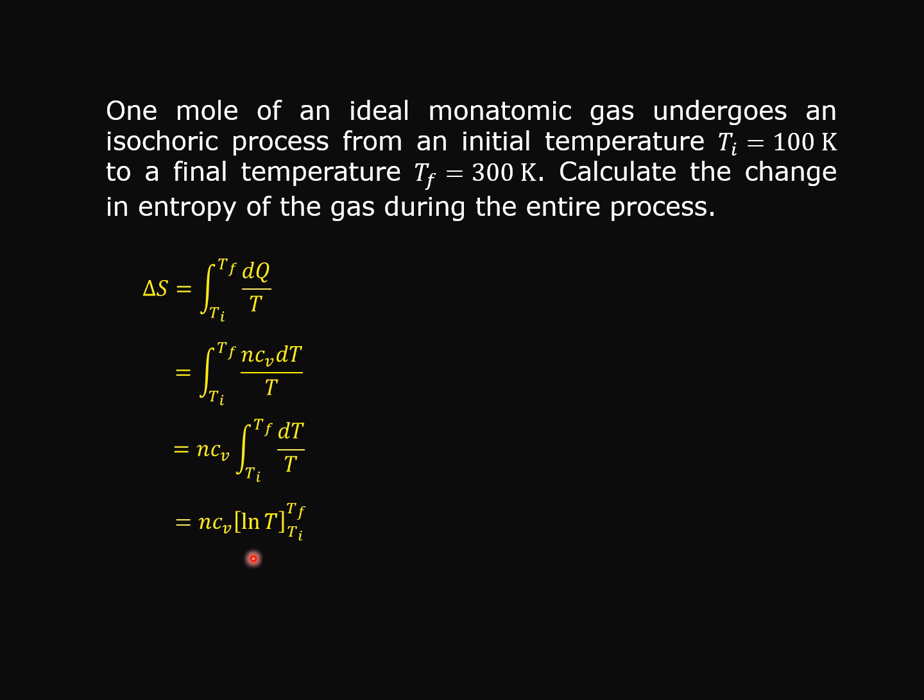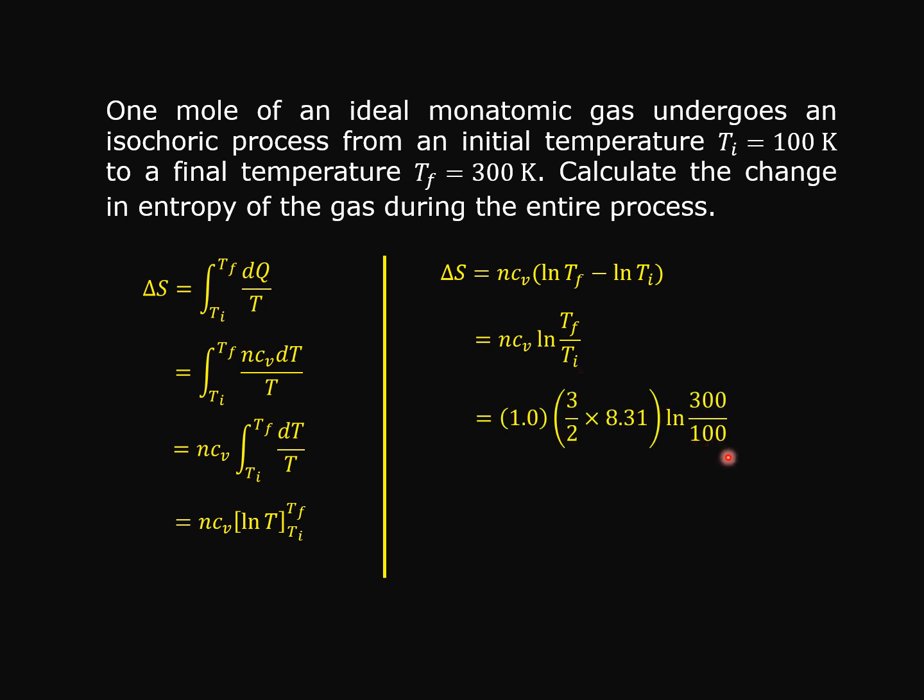Now the result of the integration is ln T, where the lower limit is Ti and the upper limit is Tf. Substituting the lower and upper limits, the change of the entropy is equal to n Cv multiplied by ln Tf minus ln Ti. The expression in the bracket can now be simplified to ln Tf over Ti.